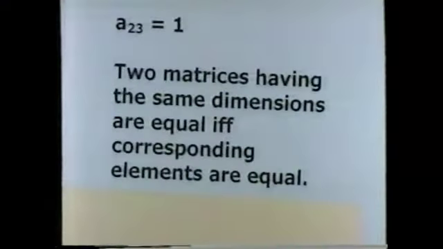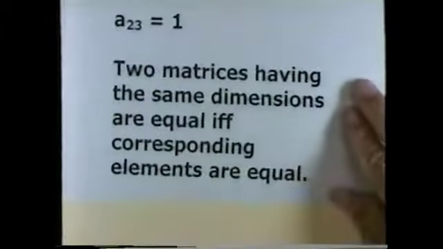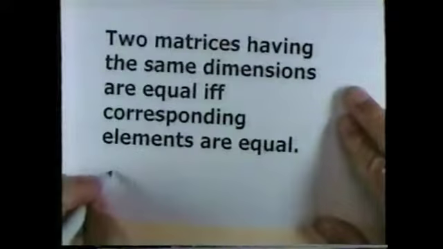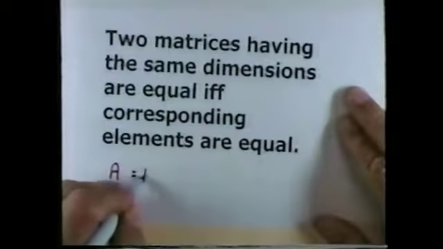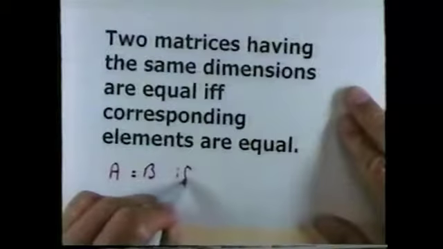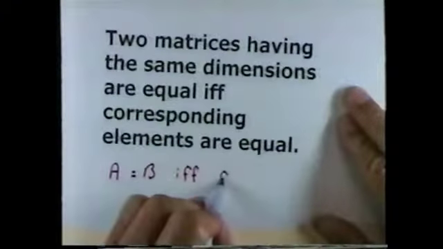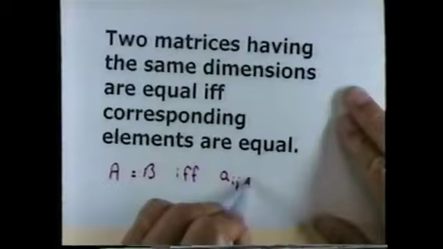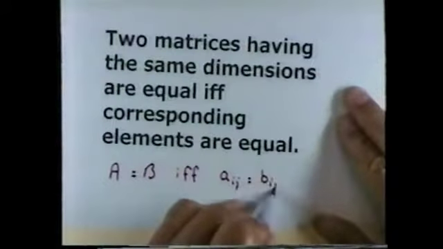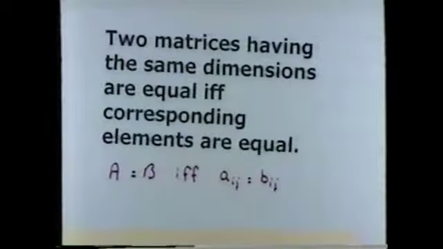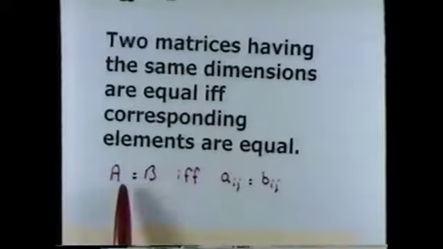In other words, matrix A is equal to matrix B if and only if, and IFF means if and only if, A sub ij is equal to B sub ij for all elements in the two matrices. So corresponding entries must be the same for the matrices to be equal.